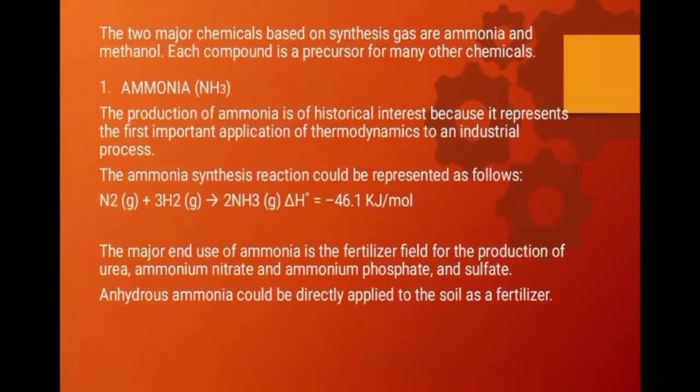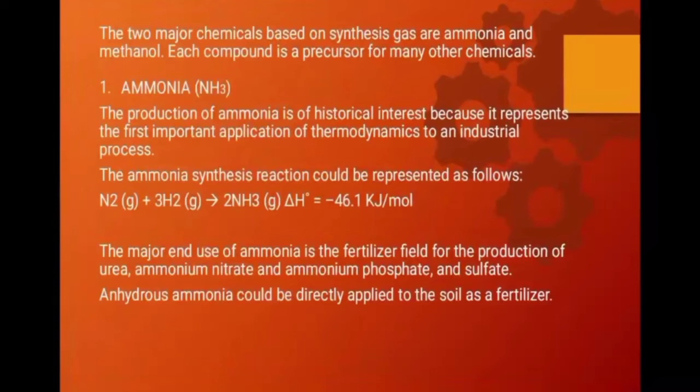The two major chemicals based on synthetic gas that I have told you in the slide before are ammonia and methanol, each of which is a precursor for many other chemicals.